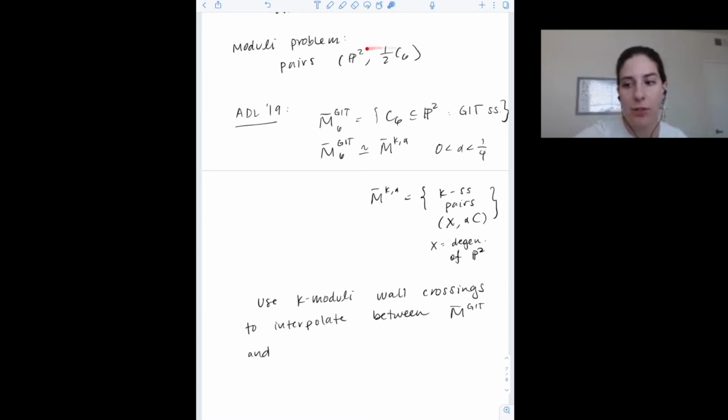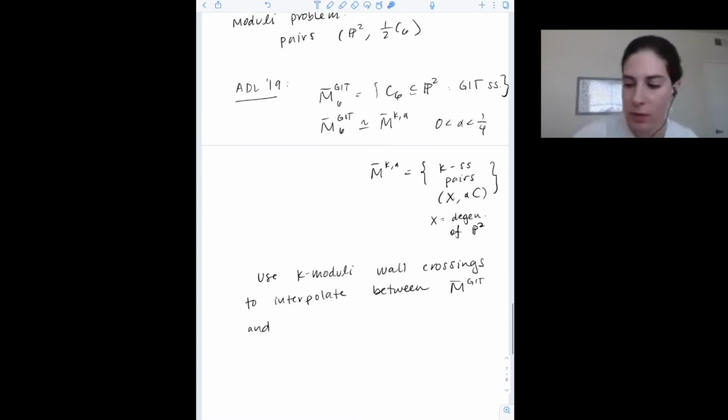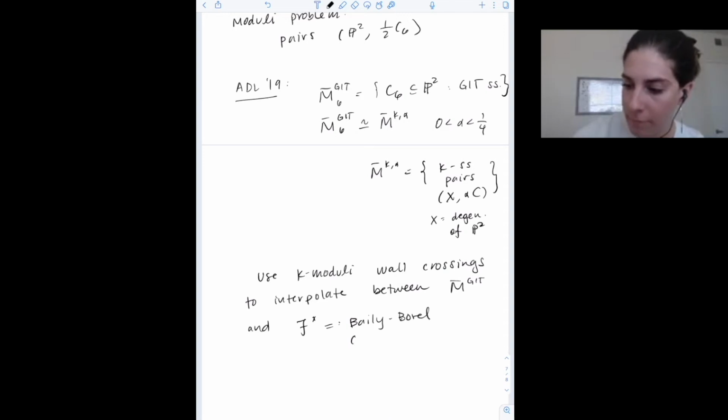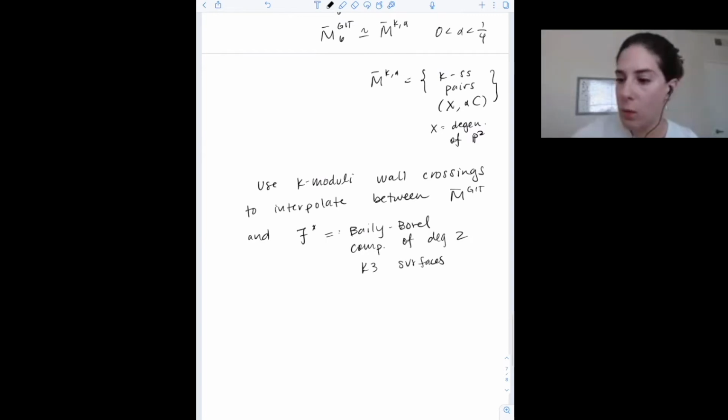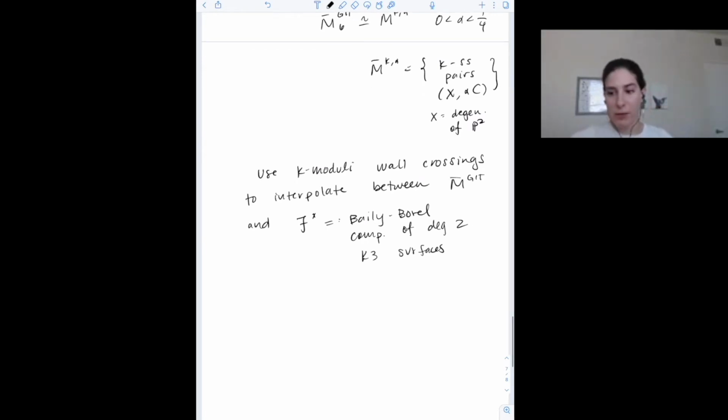And there's a natural compactification of this, which maybe I won't go into, that really is the Baily-Borel compactification of these degree 2 K3 surfaces. So it's a very short interpolation.